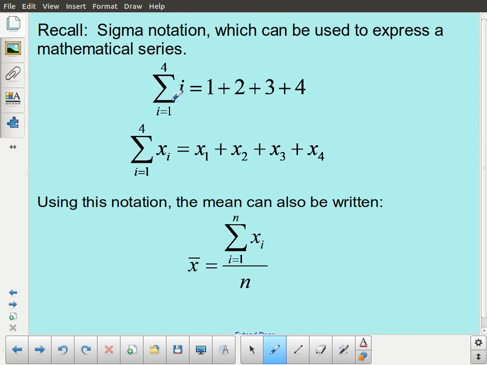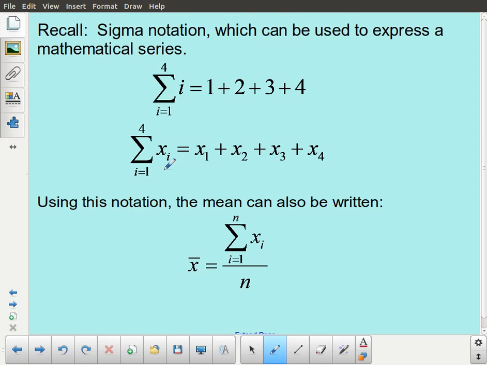So I want the sum as the variable, or what's known as the index, which is why we use the letter i, changes from 1 to 4 in steps of 1. So when the index is equal to 1, well then i is just equal to 1. When the index increments to 2, i is now equal to 2, and we add that. Then it increments to 3, and we add that, and then it increments to 4, and we add that.